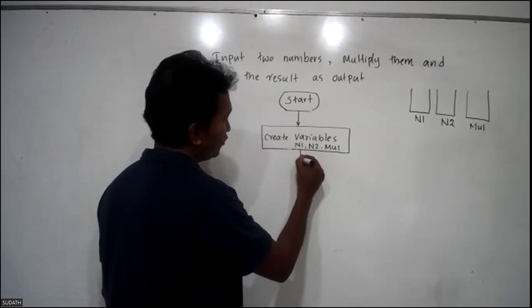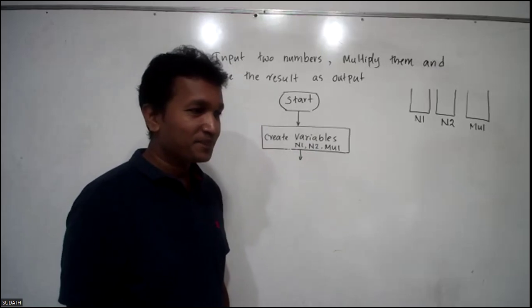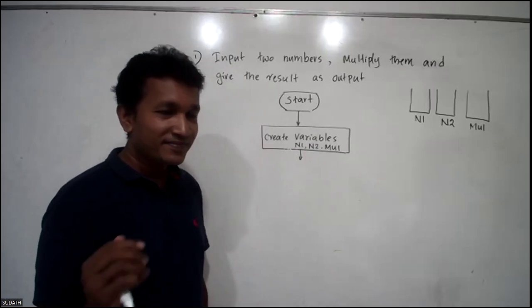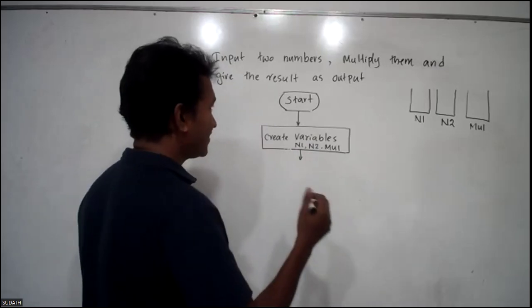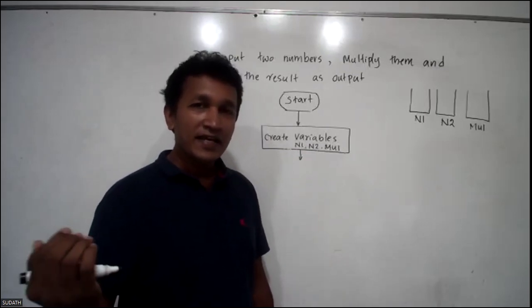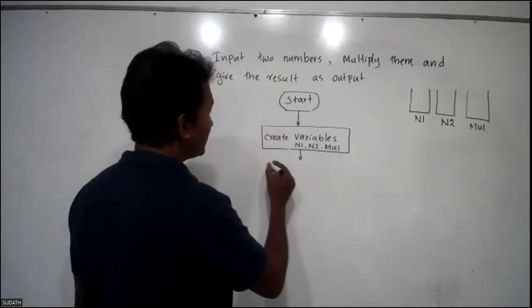Then what do we need to do? What is our second step? Input the numbers to the variables. Let's get the first number as input.